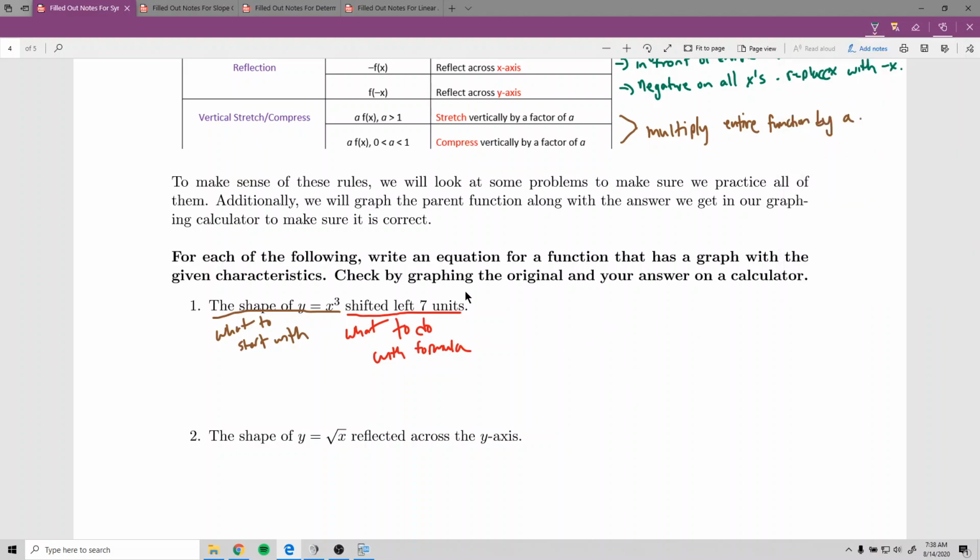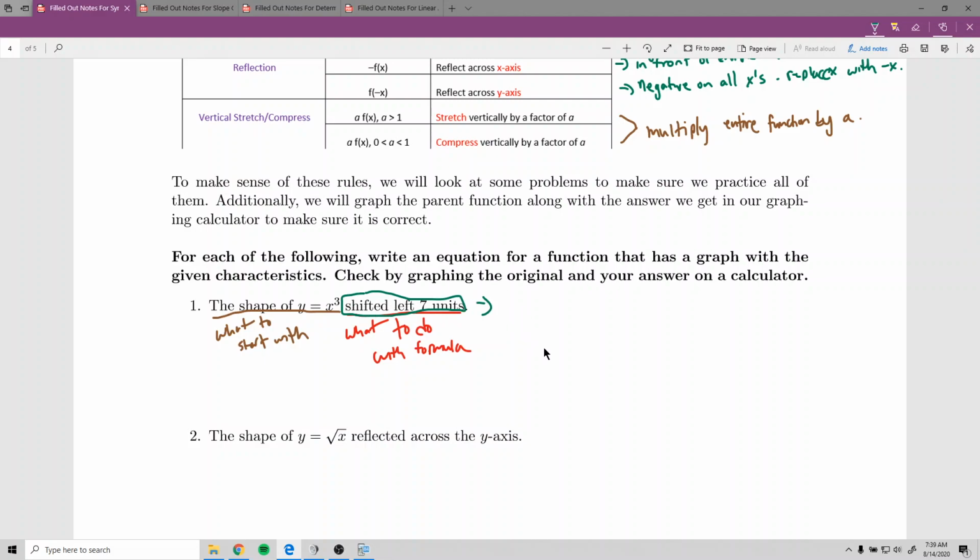Whatever you're told to do with the formula, I just like to write in words what I'm going to do and then actually do it. Because this part could be anything. We could have y equals the absolute value of x or anything at all. This part is really the important thing.